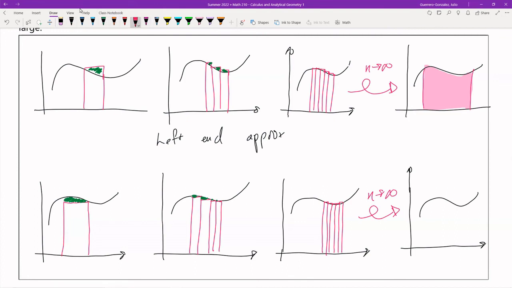So keep in mind, we want to find this. I'm going to find this area right here. Pretend they're the same area, please. I'm trying to draw it freehand, and it's hard. There we go. So this was doing it using the right-hand approximation.